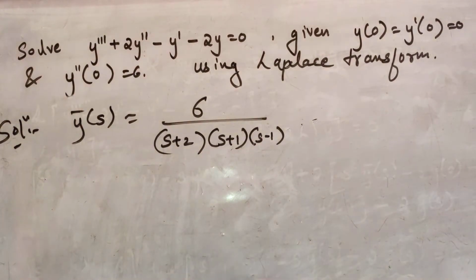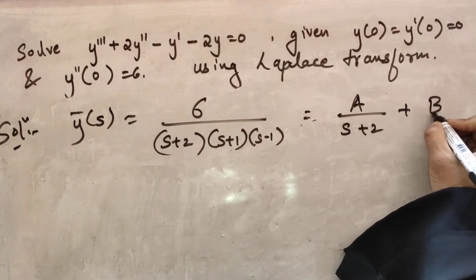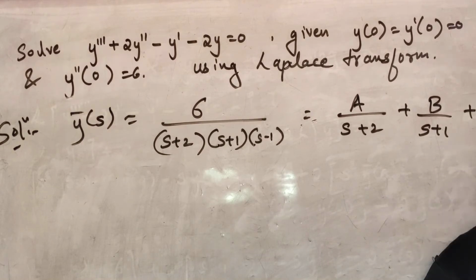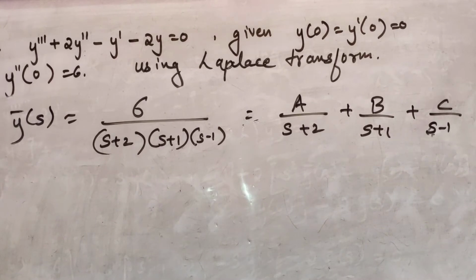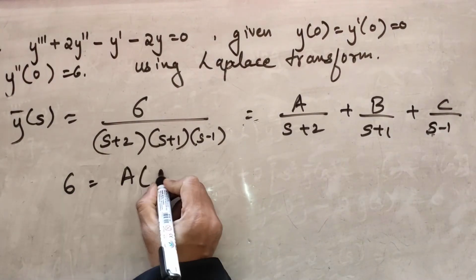So you can write this as a divided by the first bracket plus b divided by the second bracket plus c divided by the third bracket. Okay. Now let us simplify this to get the values for a, b, c.